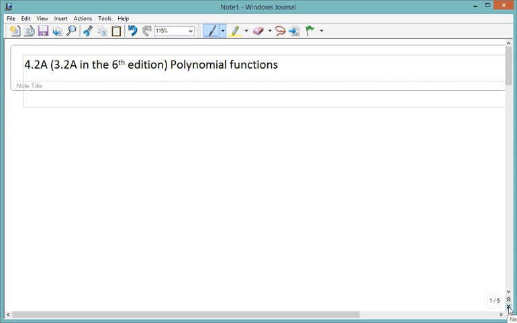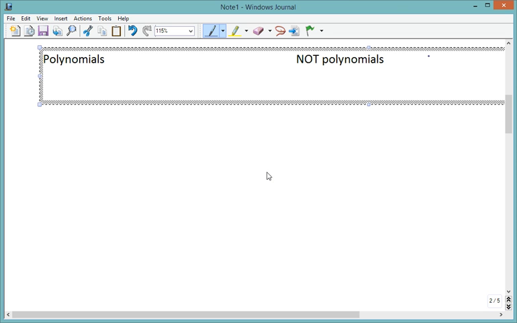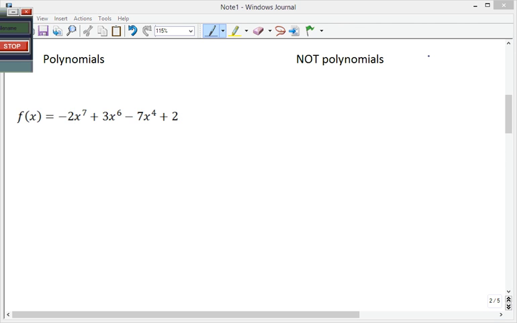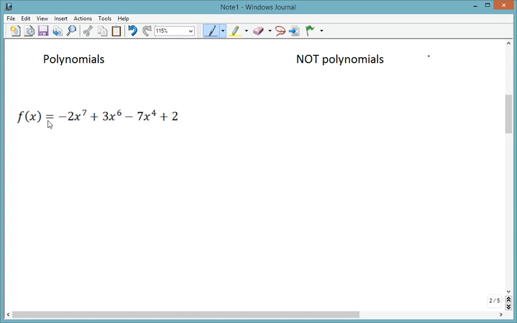Alright, so let's look at some possible polynomials, some examples of things that are polynomials and things that are not polynomials. Here's an example of a typical polynomial, okay? It's even written in the standard form, or the general form, where the exponents are in decreasing order.